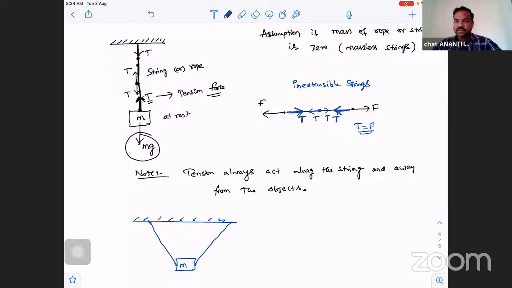Two strings are attached, so you can take two different tensions, like T1 and T2.